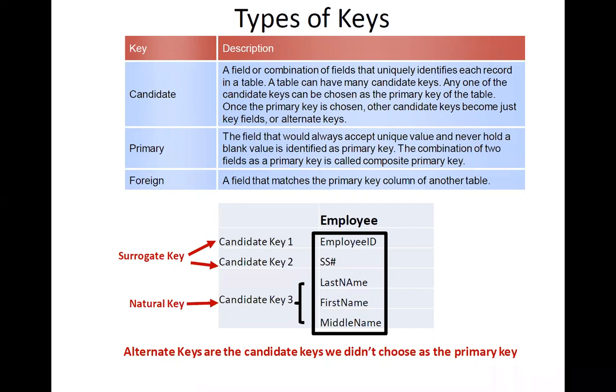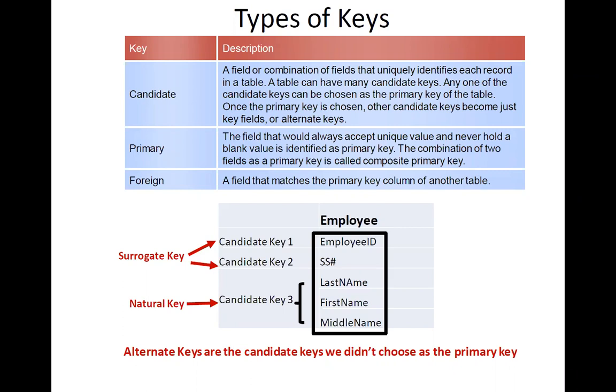We can use employee ID or SS number. These two are good enough to uniquely identify each tuple. We could also use the combination of last name, first name, and the middle name.